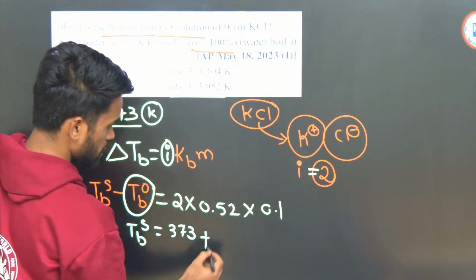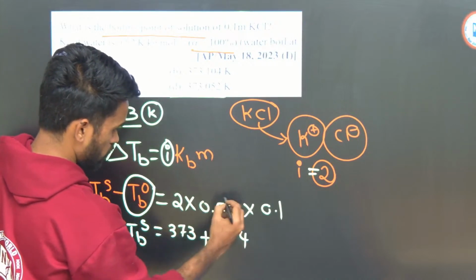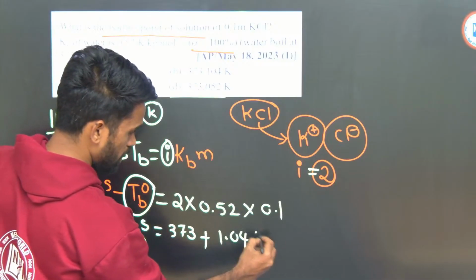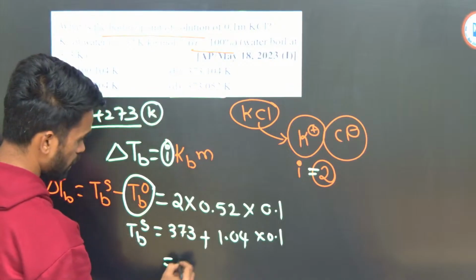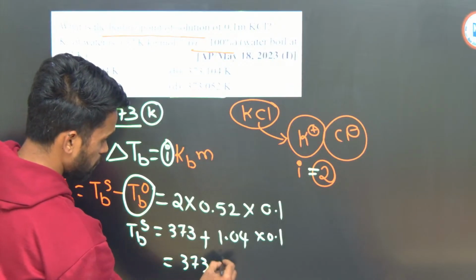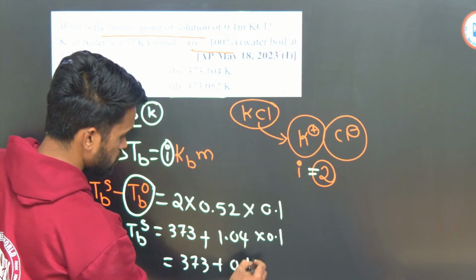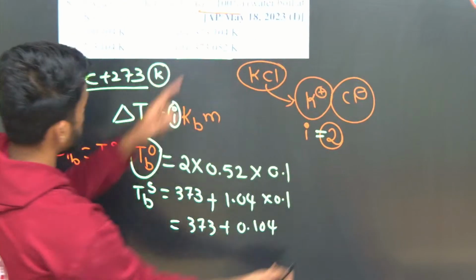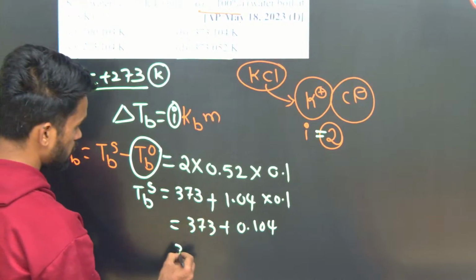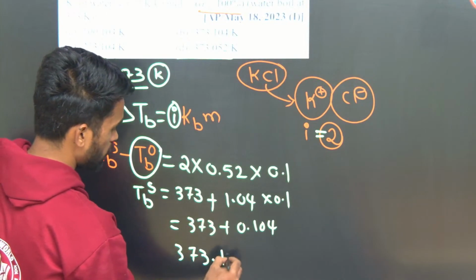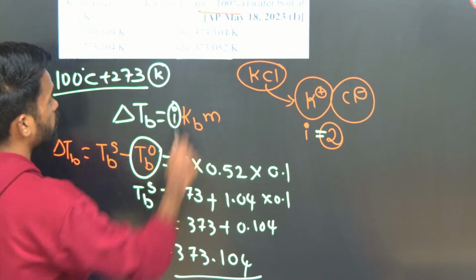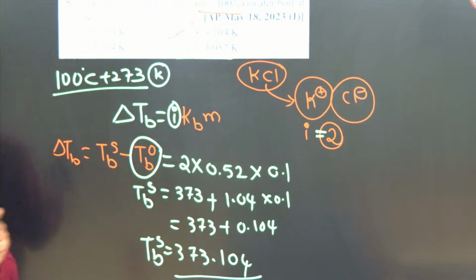How much is it? It comes to 0.104. So 373 plus 0.104, which is 373.104. There are options having this kind of answer, and yes, option number 2 is our answer for this particular question. Hope it is clear how easily we are solving this kind of question.